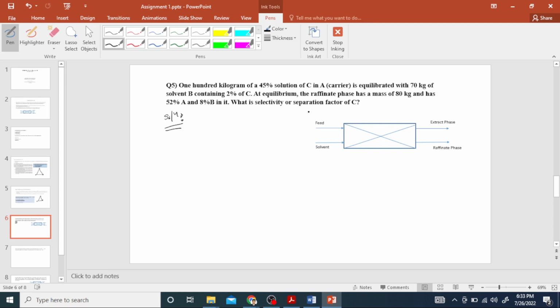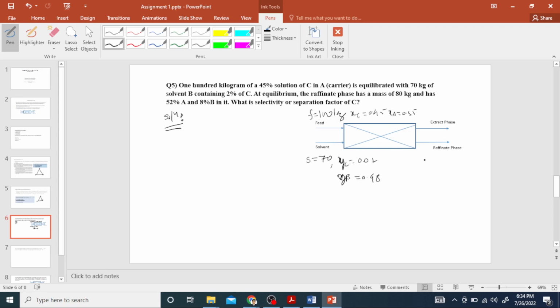So here given: F is equal to 100 kg, XC is equal to 0.45, XA is equal to 0.55. Solvent given is equal to 70 kg, and it indicates YC 0.02 and YB is equal to 0.98, right?